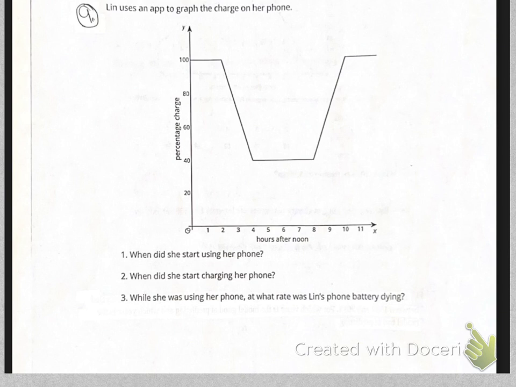Number 1 says, when did she start using her phone? That's going to be when it starts decreasing from 100. Because we all know when we pick up our phone off the charger, as soon as we start using it, the battery starts getting lower. So I'm going to draw this line down. We're going to see what time. That is 2 hours after noon, so that's going to be 2 p.m.